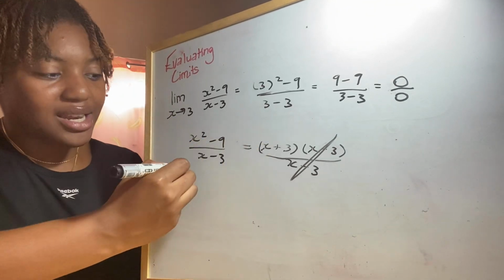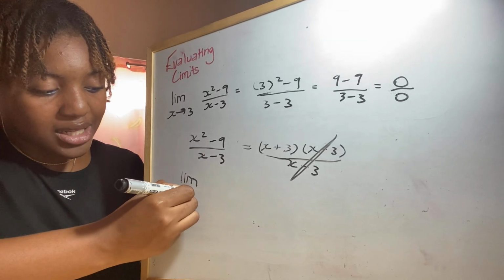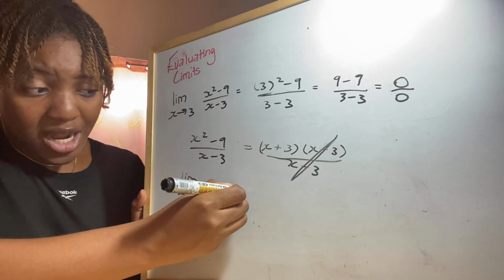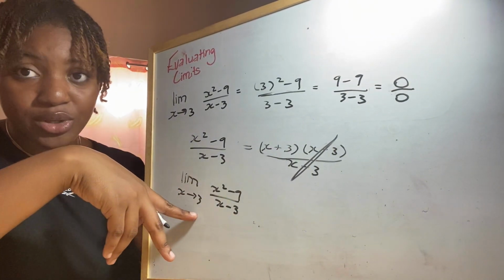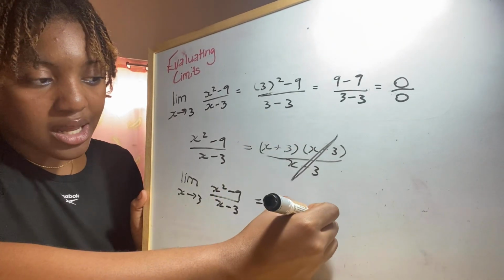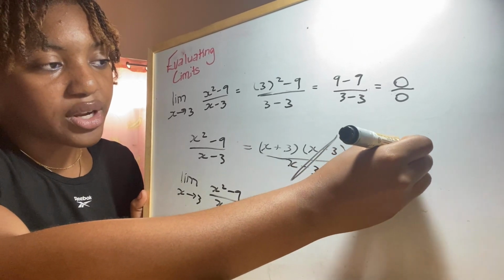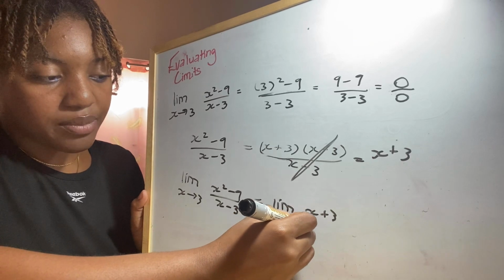So this would mean that the limit as x approaches 3 of x squared minus 9 over x minus 3 would be equal to the limit of x plus 3 as x approaches 3.